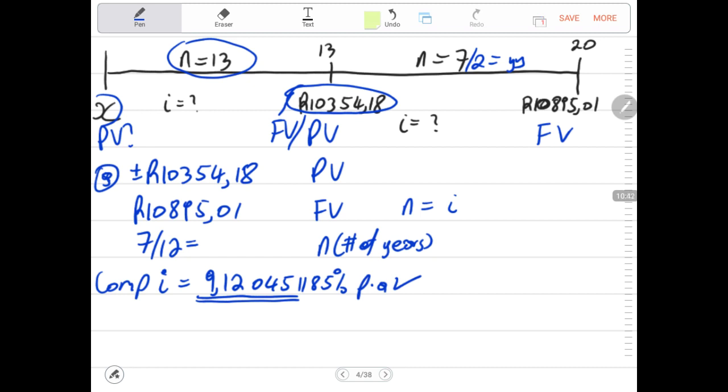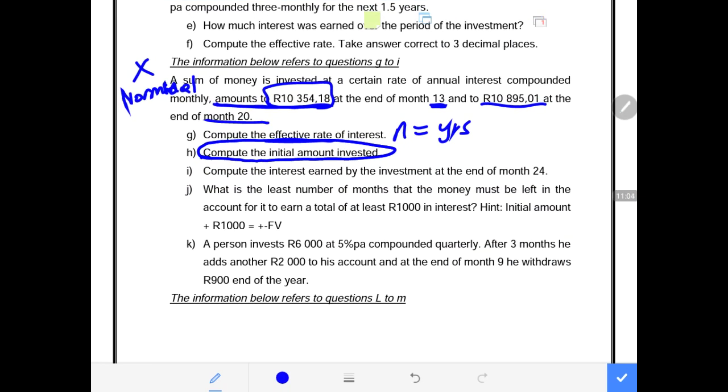That means once again now we need to use this period where we have at least three of the elements: the present value, the future value, and our N, to calculate our nominal rate of interest. We need to calculate the nominal rate of interest, which is the rate that is compounded monthly.